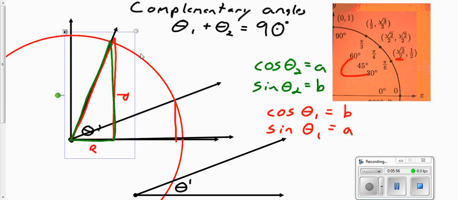We can see that its cosine is the same as the sine of its complementary angle. And I can also see that true for the sine of an angle and the cosine of its complement: they are going to be the same. Let's see an example of how this can be useful.